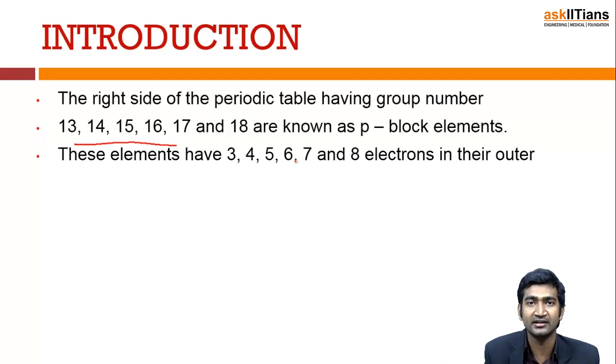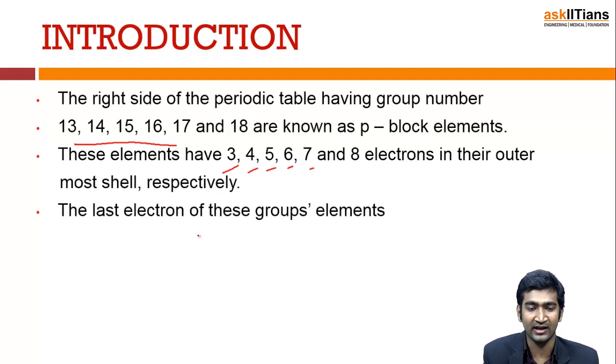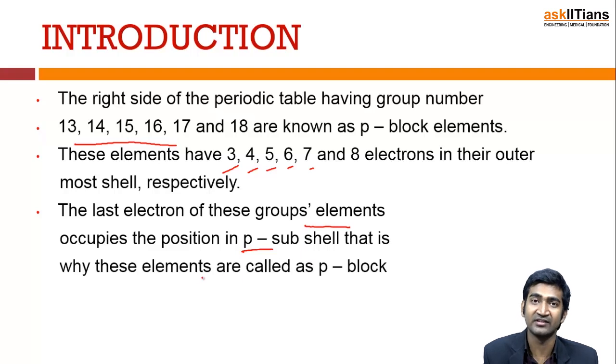If I'm saying 13, this will have 3, then 4, 5, 6, 7, 8 electrons in their outermost shell respectively. And the last electron will enter the P subshell, and this is the reason why I say that they are P Block Elements.